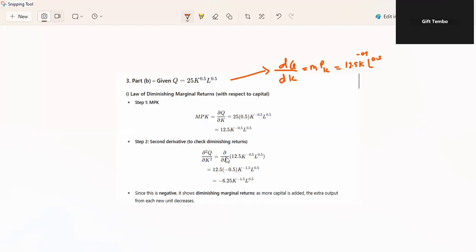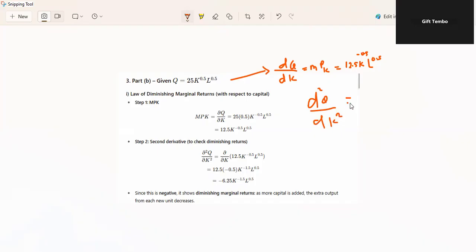Then we do the second derivative of this one to check whether there's a law of diminishing returns. So we also differentiate the MPK again, the second time. So let's differentiate this again.